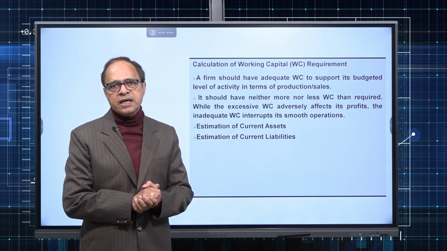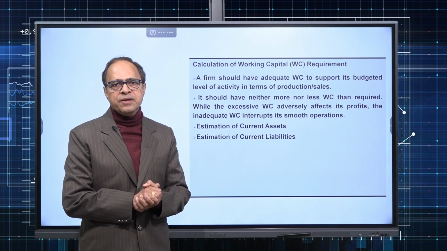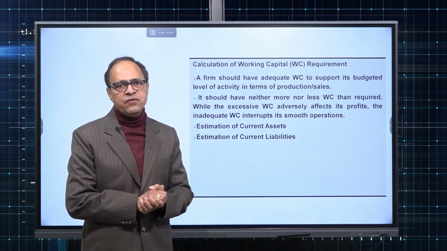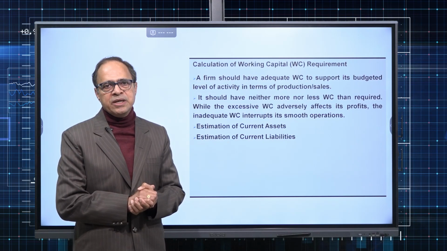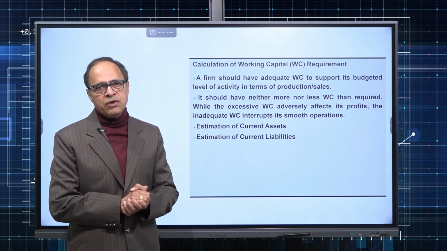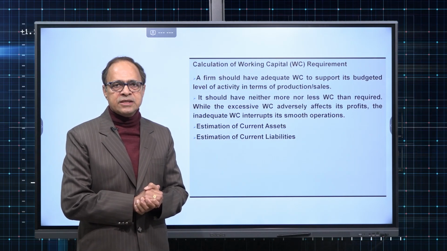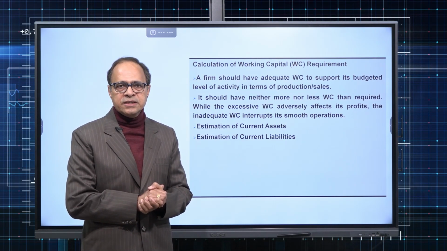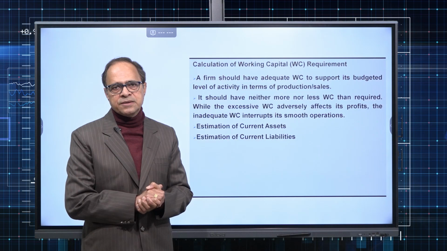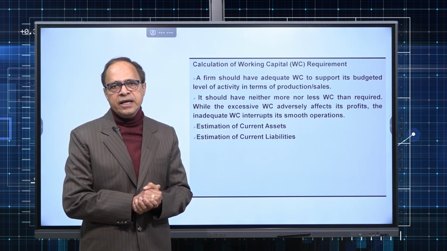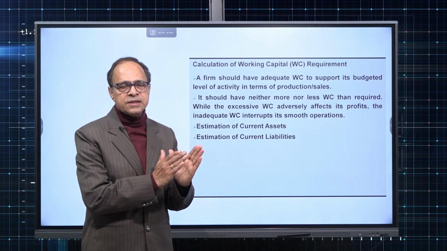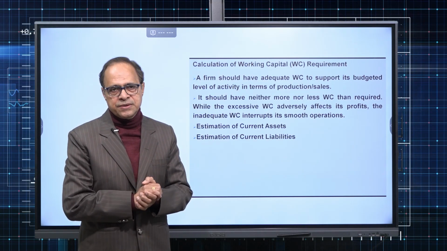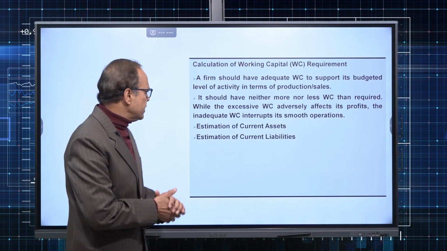This particularly targets estimating accurate levels of different current assets and also accurate levels of current liabilities. So in this method, we will estimate different current assets and different current liabilities. And as you know, net working capital is the difference between total current assets and total current liabilities. So let us move further.